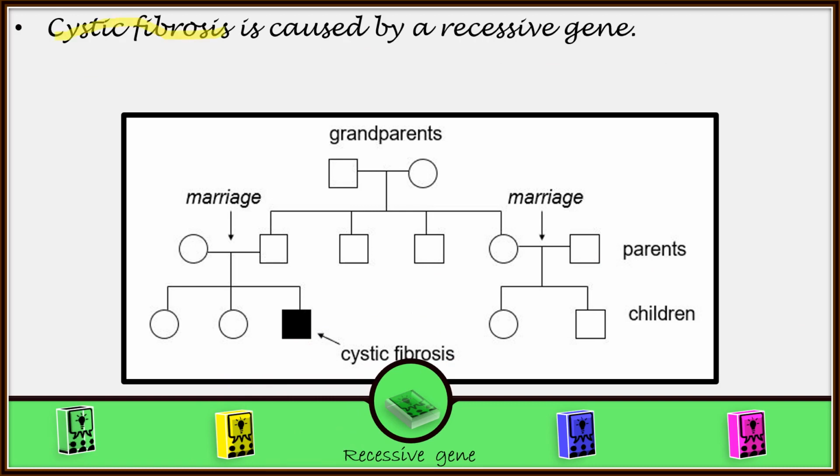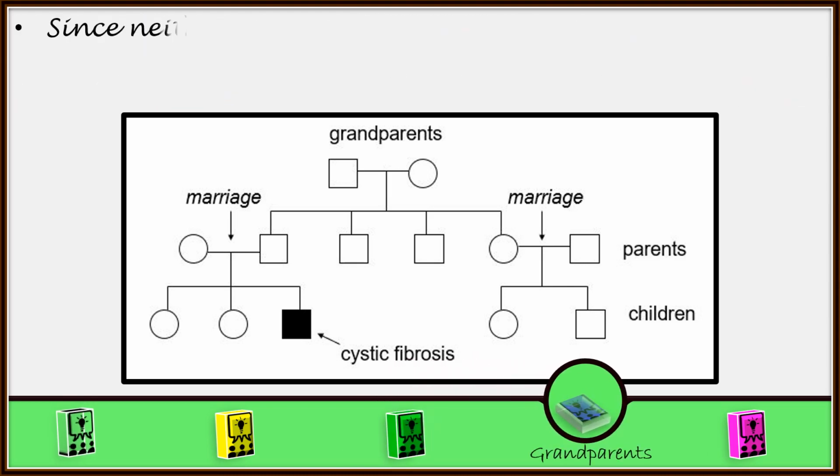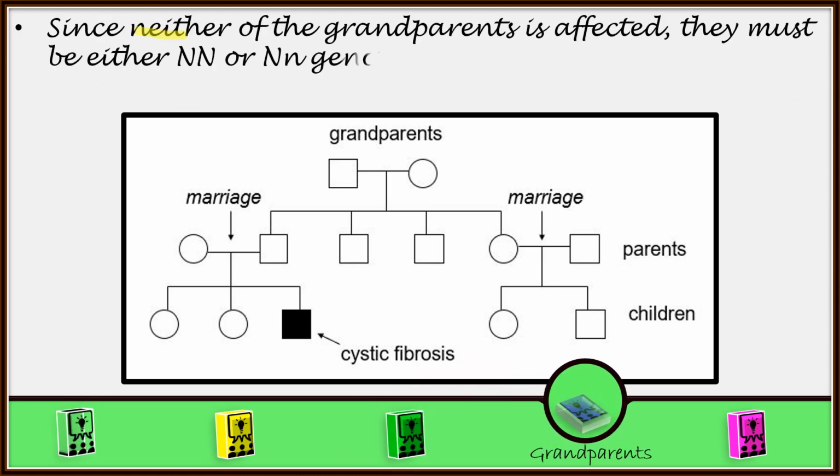Cystic fibrosis is caused by a recessive gene. An affected person must therefore have the genotype small n, small n. Since neither of the grandparents is affected, they must be either capital N, capital N or capital N, small n genotype, because they are normal.